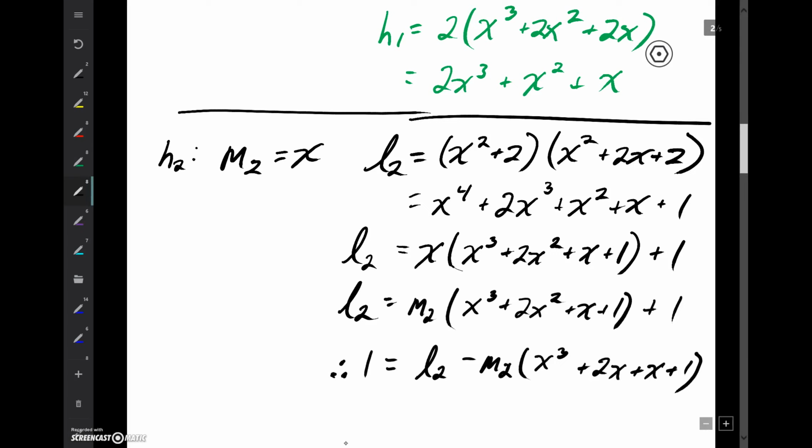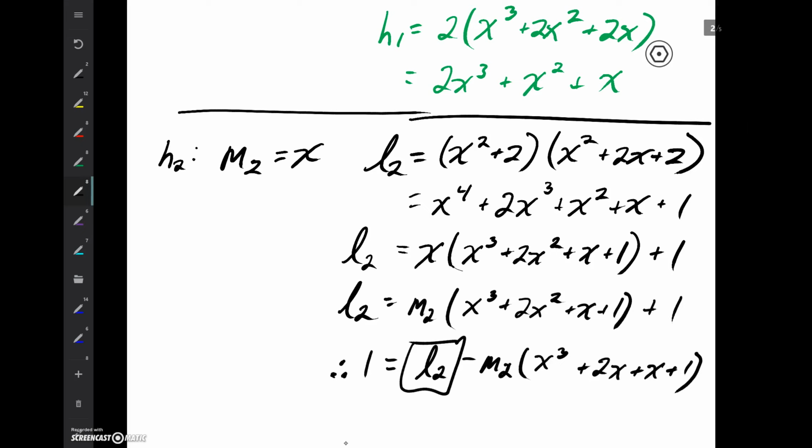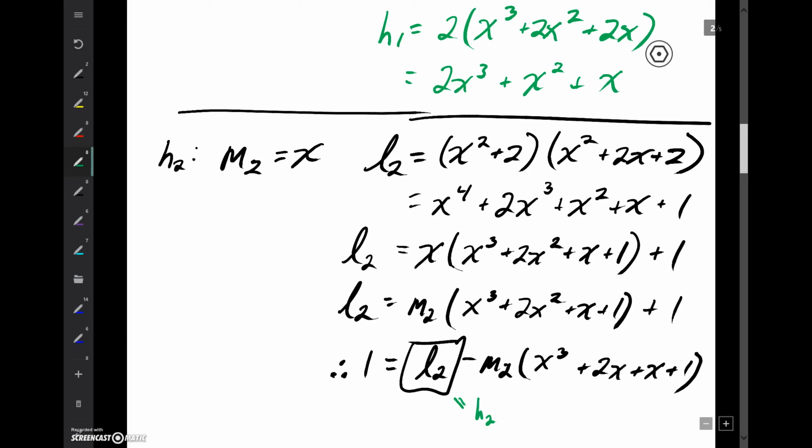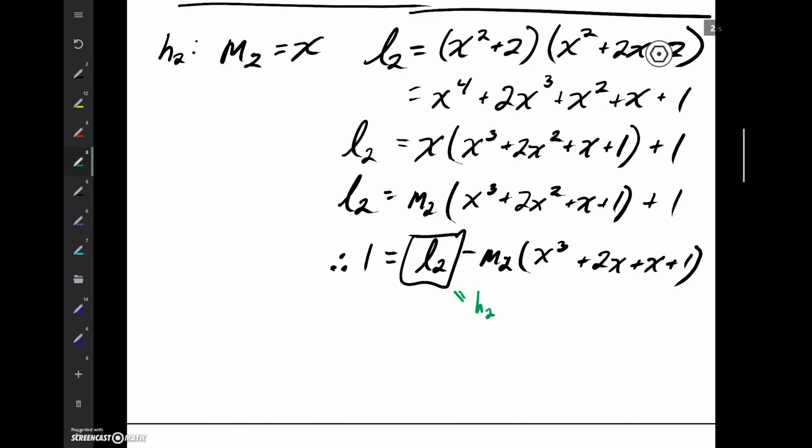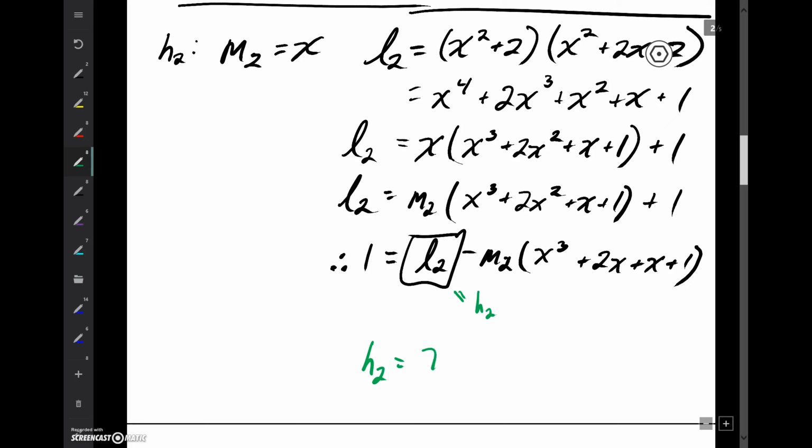Well, there's nothing in front of it. It's just L2. So that means this is our H2. H2 is just what we started with, this original thing: x to the 4th plus 2x cubed plus x squared plus x plus 1.